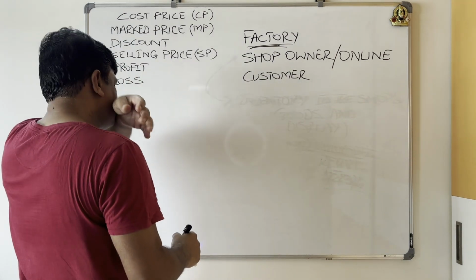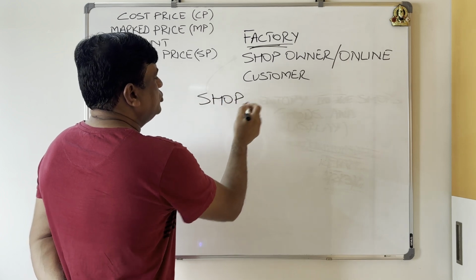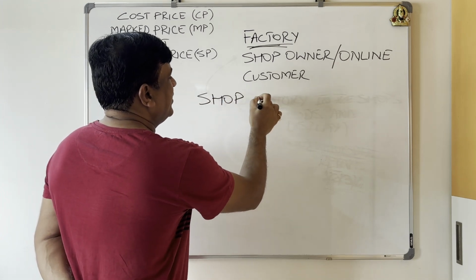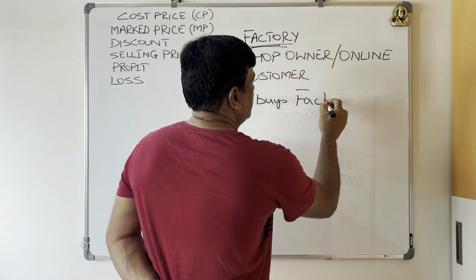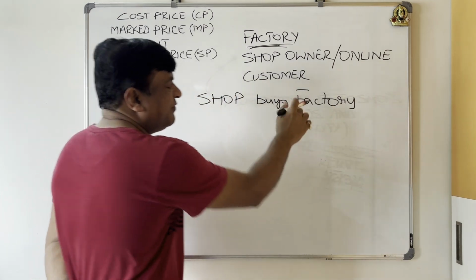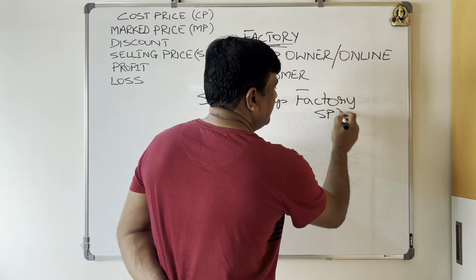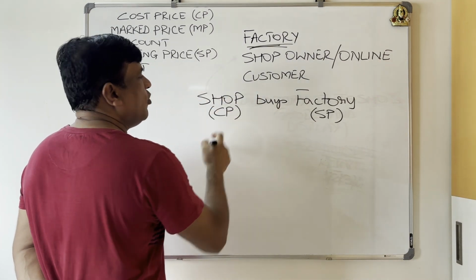So when the shop guy buys from the factory, what is it known as? For the factory, it is the selling price. For the shopkeeper, it is the cost price.